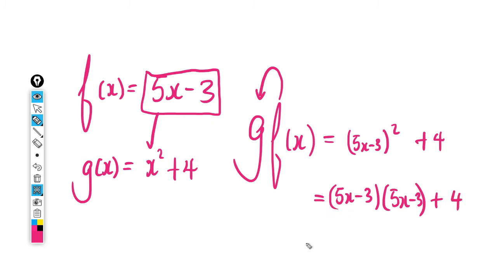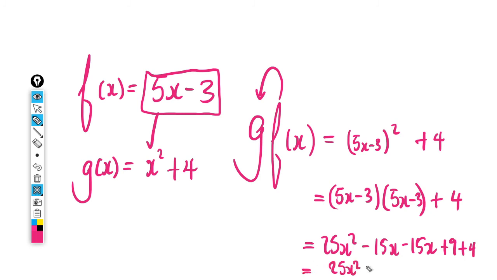Cool. So this would actually give us 25x squared, right, guys, minus 15x minus 15x plus 9 plus 4. Cool. And that would end up giving us 25x squared minus 30x and 9 plus 4 plus 13. That would give us plus 13.